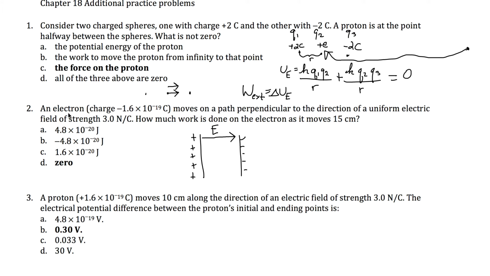It says that your negative charge is moving perpendicular to the direction of the field. So let's say this negative charge here is moving downward. How much work is done on it as it moves a certain distance, downward for example, or upward, it doesn't matter. Usually to do this, you would have to calculate the change in potential. If you were to calculate the work done by the electric field, it would be the negative change in potential energy of the charge.